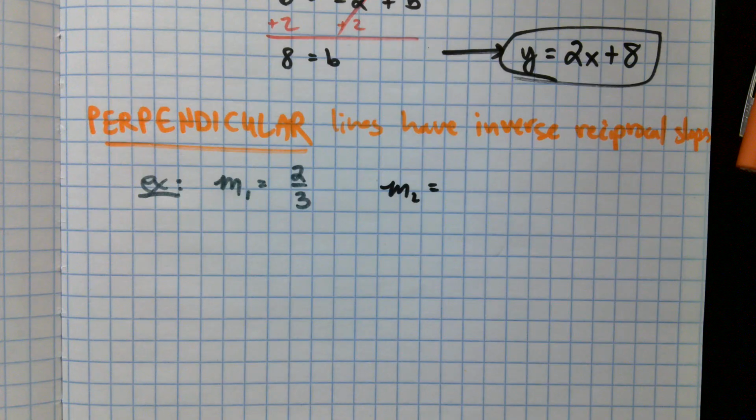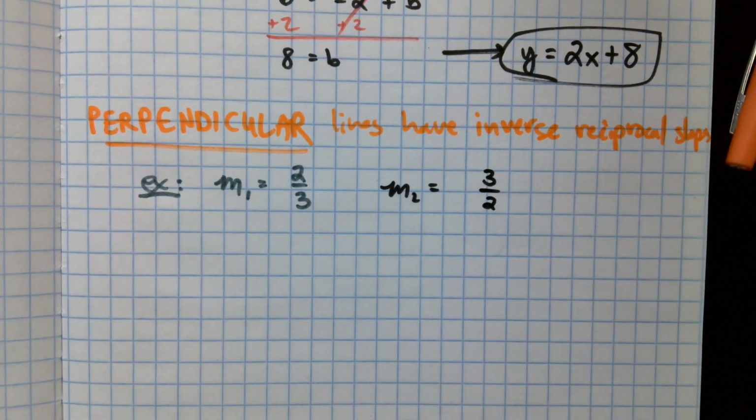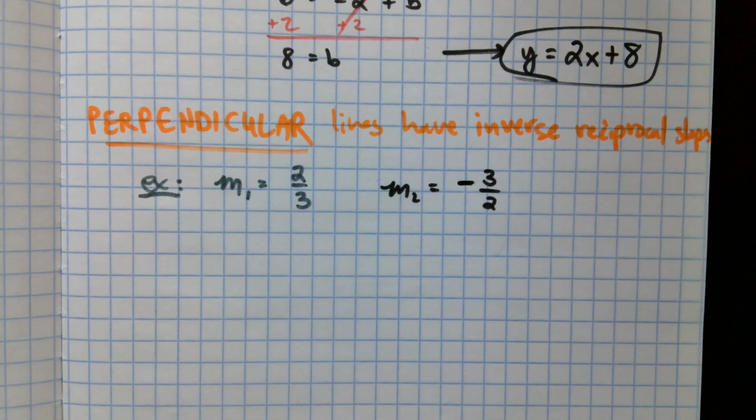Okay, so 2/3 turns into 3/2. But what does inverse mean? It's the opposite. Opposite sign. So if 2/3 was positive, what is my 3/2 now going to be? Negative. Right? So we flip the fraction and we flip the sign of the fraction.